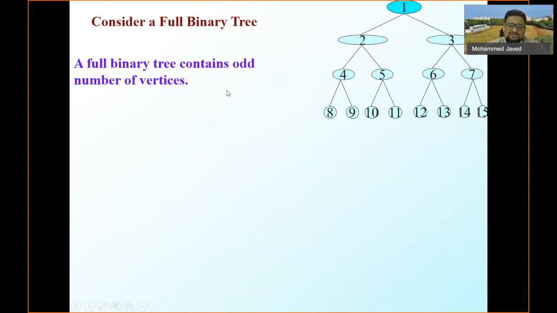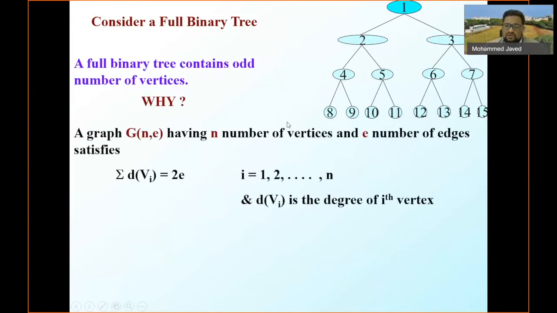But now we will systematically prove that a full binary tree contains an odd number of vertices. So let us now define the definition of a graph. A graph G of n comma e, having n number of vertices and e number of edges, satisfies that the sum of the degrees of all the vertices inside the graph is 2 times the edges, right?